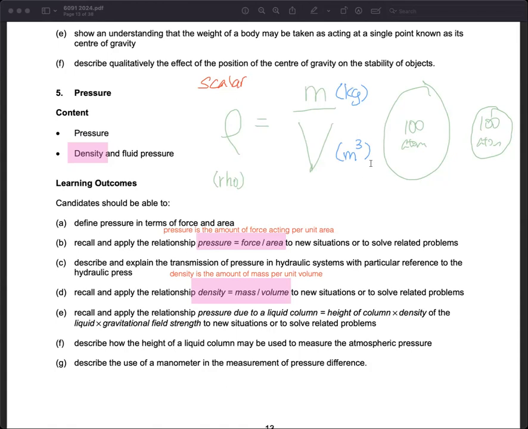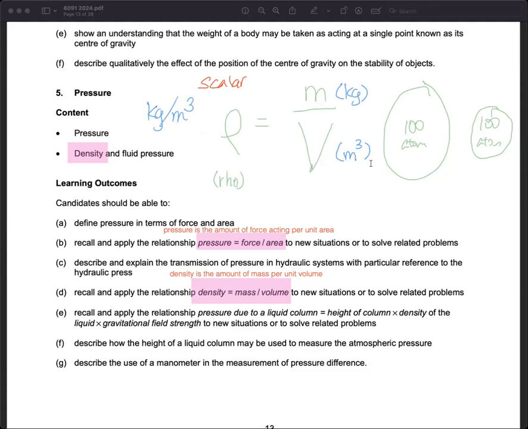Chen An, Rui Hong. Okay, Rui Hong, well done. Chen An, well done. Okay, so the SI unit for density will be kilogram per meter cube. But however, you can ask me, how come in chemistry, all the substances that are given to you are all in gram per cm cube?